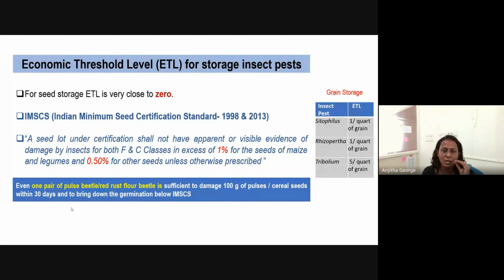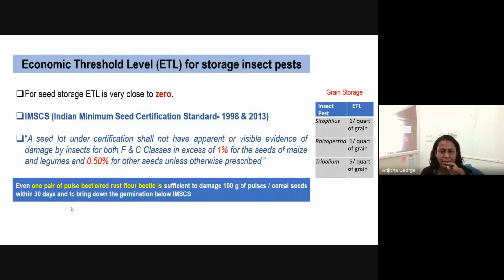Because if a farmer is involved in any quality seed production program, he has to follow some of the standards which have been set by the Indian Minimum Seed Certification Standards. In those standards, it is mentioned that if you are carrying out foundation or certified seed production, then you have to do seed sampling.